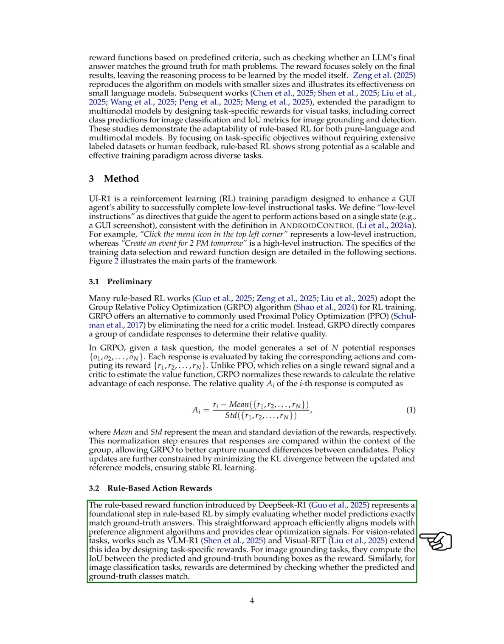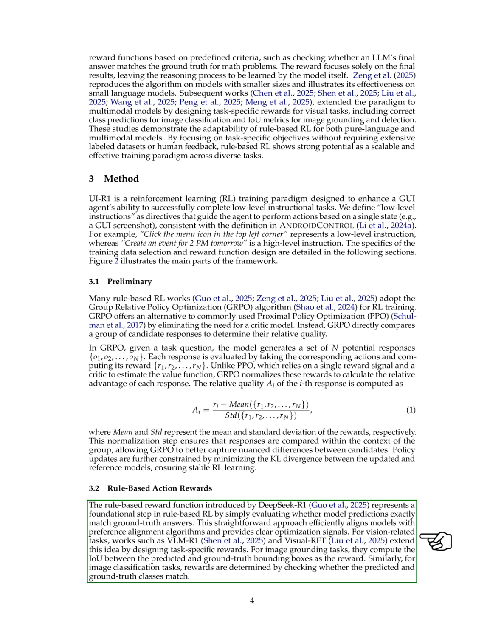We introduce a rule-based reward function that evaluates whether the model's predictions match the correct answers. This method aligns well with preference alignment algorithms and provides clear optimization signals. For tasks related to vision, other works have developed task-specific rewards. For example, in image grounding tasks, the reward is based on the intersection over union between predicted and actual bounding boxes. In GUI tasks, it is crucial for agents to understand where to perform actions on a GUI screenshot.